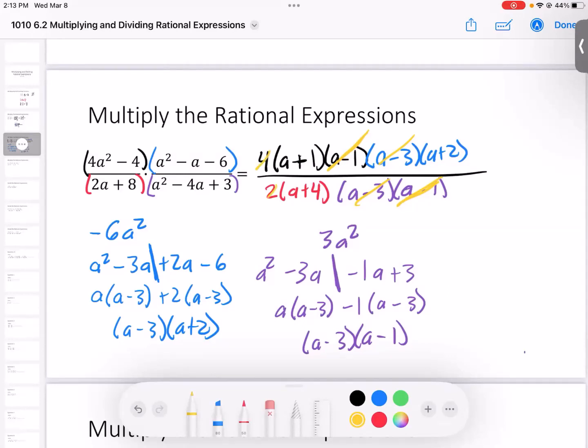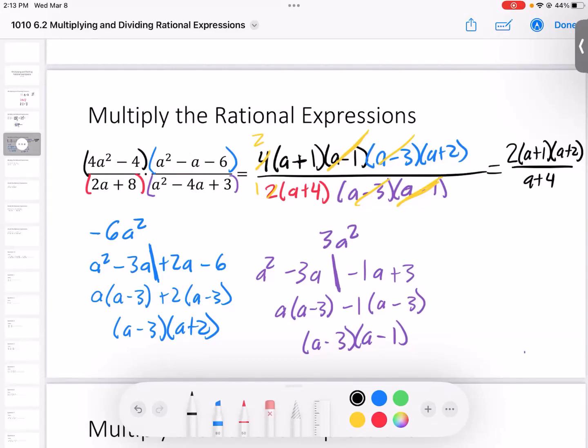So I can cancel those out to be 2 and 1. So my simplified answer is going to be 2 times a plus 1 times a plus 2 all over a plus 4. And if you wanted to, you could FOIL this out and figure out what that is as a polynomial. But your homework system will still accept the answer like that. So I wouldn't recommend doing extra work.